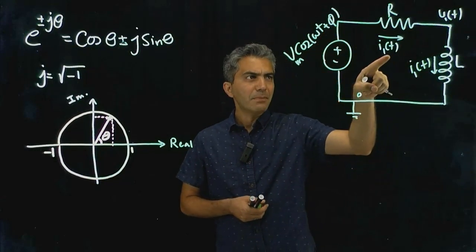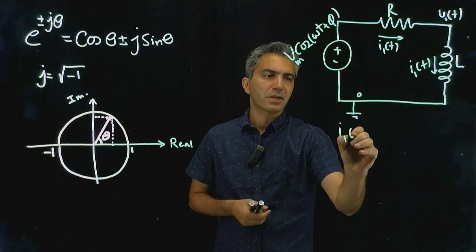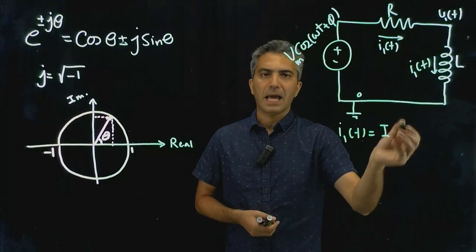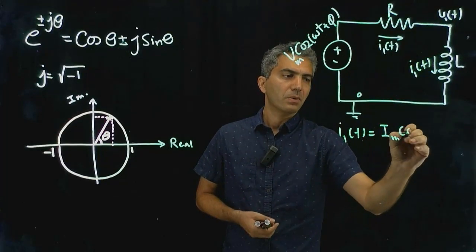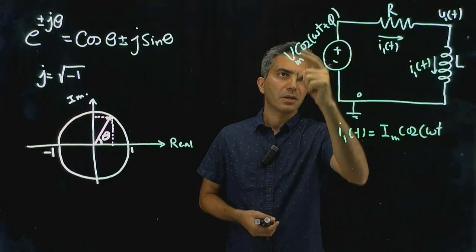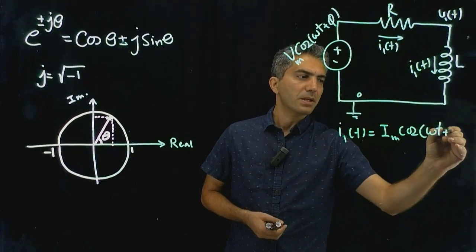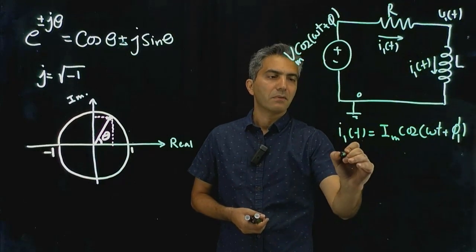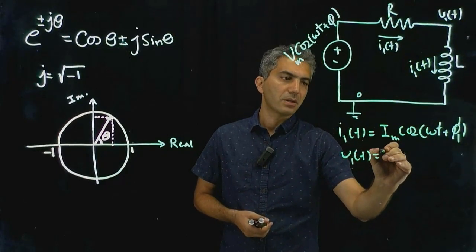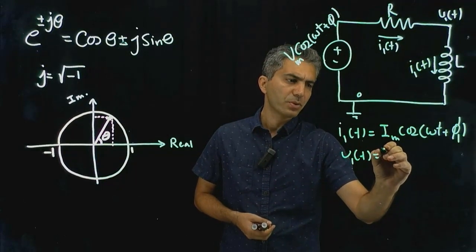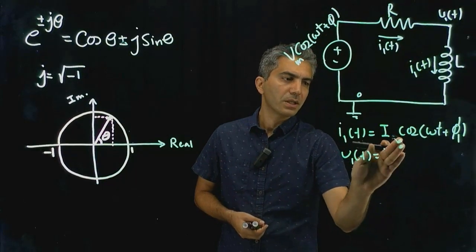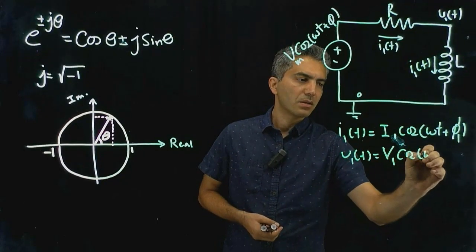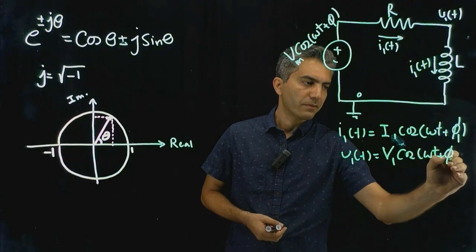That means, for example, the current in this circuit, I1(t), is going to also have an amplitude of Im with a cosine of omega t, the same frequency, plus a different phase, which I'm going to call phi 1. And V1(t), for that matter, is going to have another amplitude V1, cosine of omega t plus another phase phi 2.